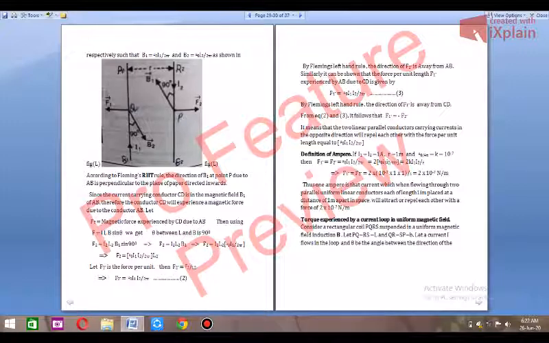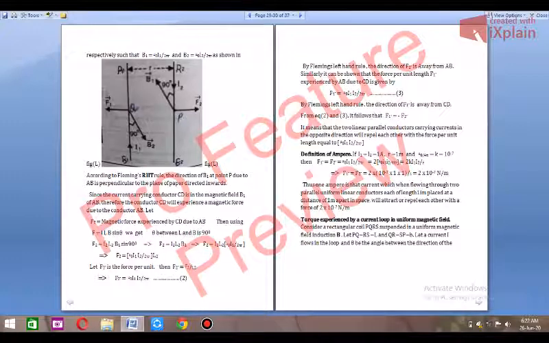Then F1 dash is equal to F2 dash is equal to mu naught I1 I2 upon 2 pi r. Substituting the above values in this equation, we get F1 dash equal to F2 dash equal to 2 into 10 raised to power minus 7 Newton per meter, because F1 dash and F2 dash are the forces per unit length, so it will be Newton per meter.